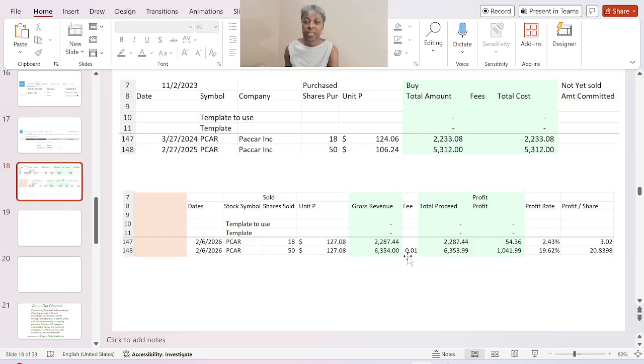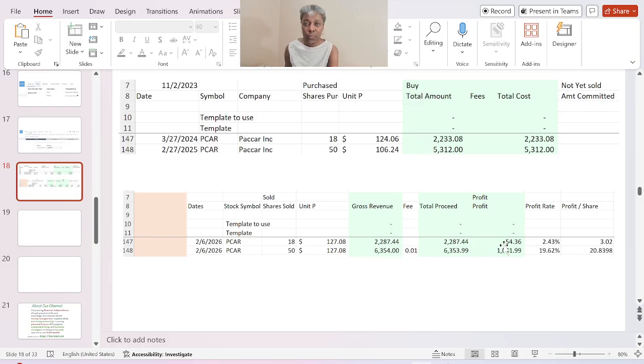If any fee got paid, I'll write it down, and the net revenue, or total proceeds, will be the gross revenue minus the fee.